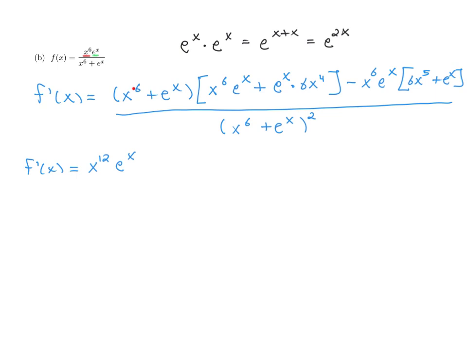I'll then take this and multiply it here. That will be, and I see I made a mistake. I don't know why I put a 4 here. That should really be a 5. So I'm going to go ahead and just change that. Whoops. With that fixed, this times this is 6x to the 11th and an e to the x.